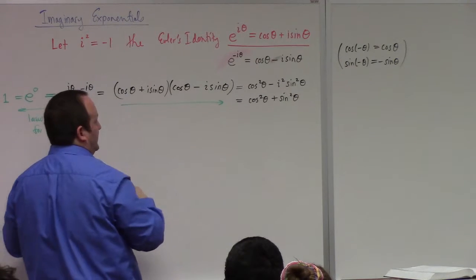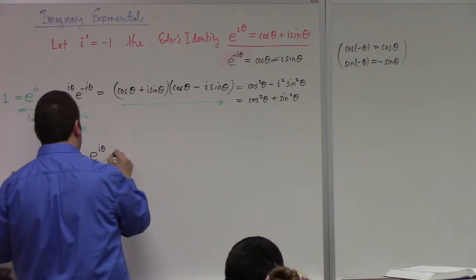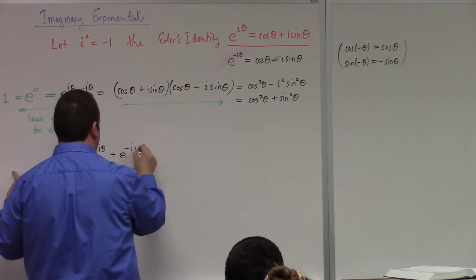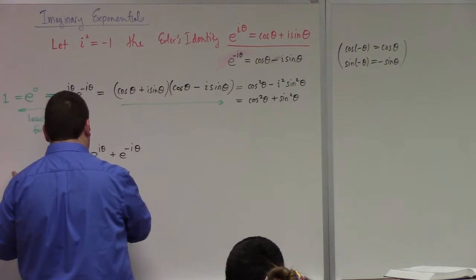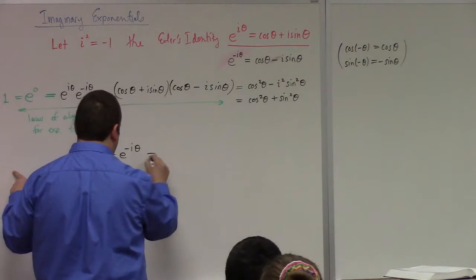Now let me show you the analog. If that was the only thing we could do, it wouldn't be that interesting. What happens if we add e to the i theta plus e to the minus i theta? What happens if we subtract e to the minus i theta from e to the i theta?